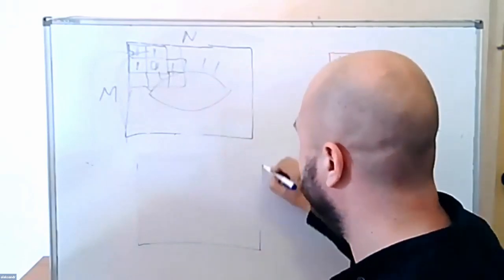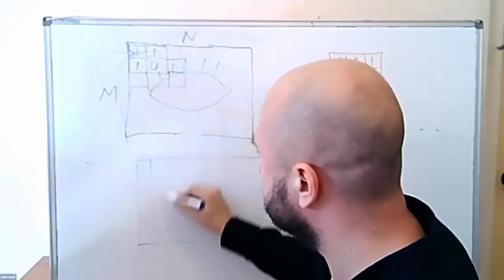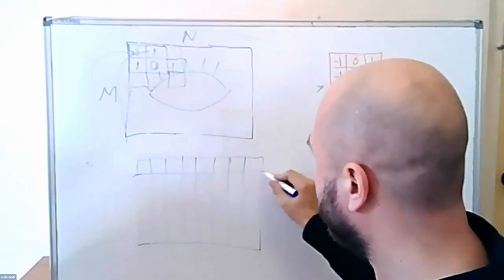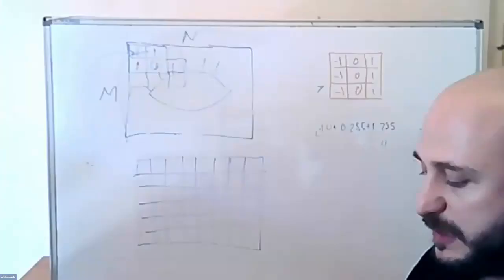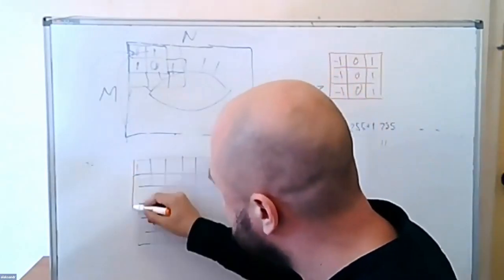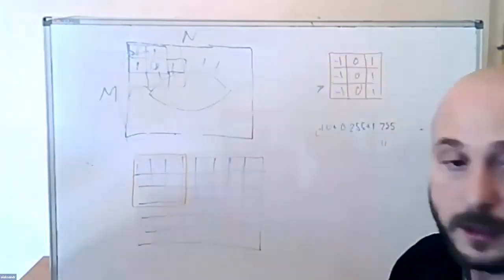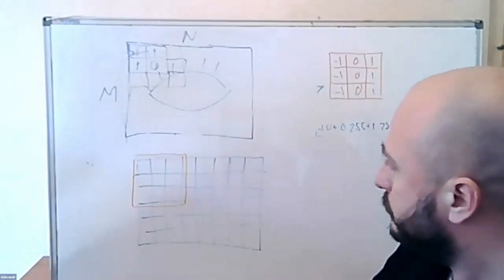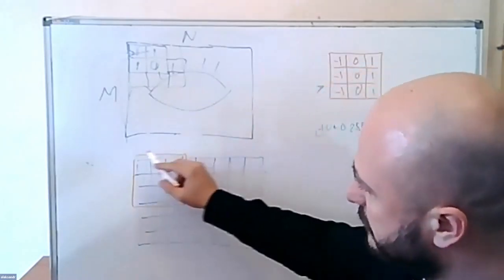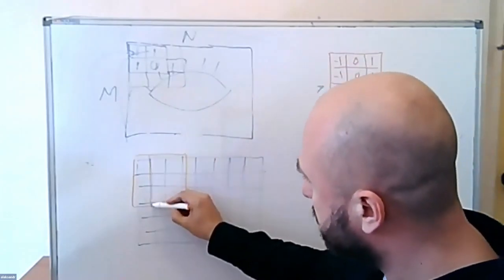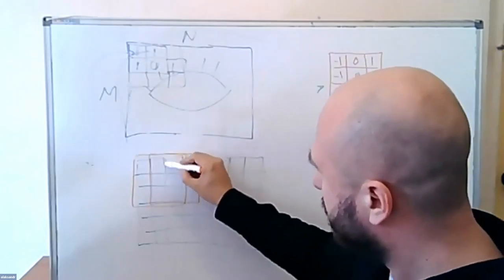Let's suppose we have a picture of this size. And we decide to use a convolution window like this. And also we decide that our step will be 1 pixel. So this is the first time we take convolution. This is the second time. Third time.